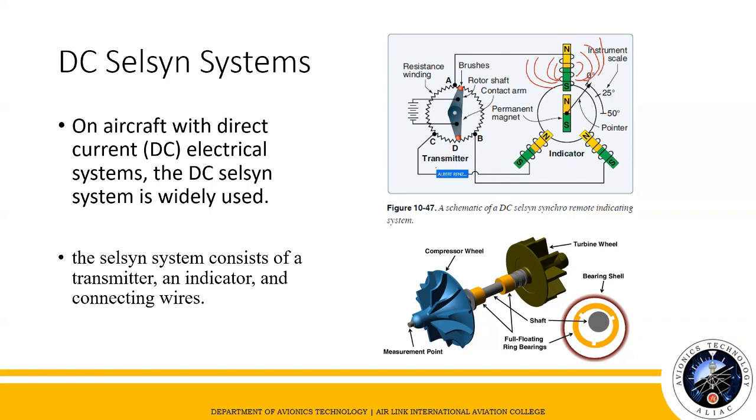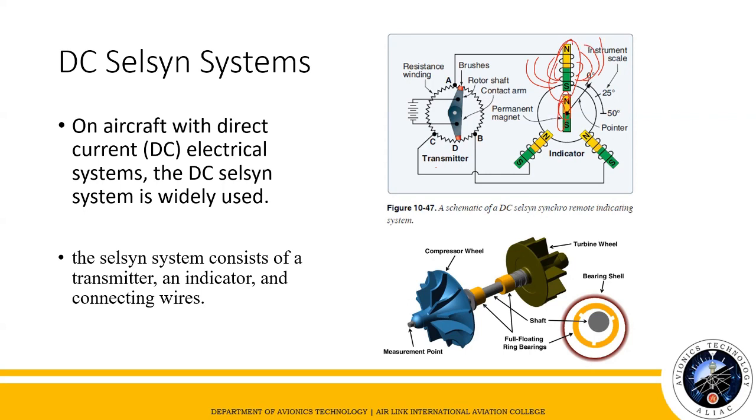So a permanent magnet is attached to the center rotor shaft in the indicator, as is the indicator pointer. So yung magnet nag-a-align itself with the direction of the magnetic field and the pointer as well. Okay, kaya din siya may permanent magnet and pointer kasi mag-a-align yan kung saan merong malakas yung magnetic field.